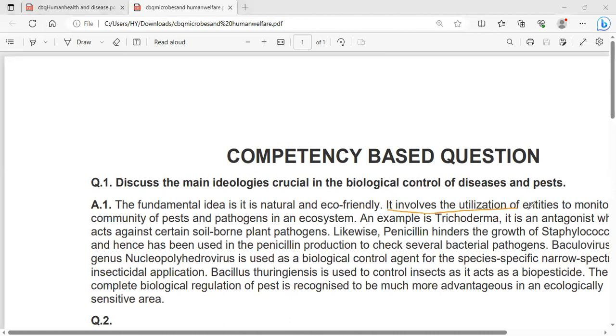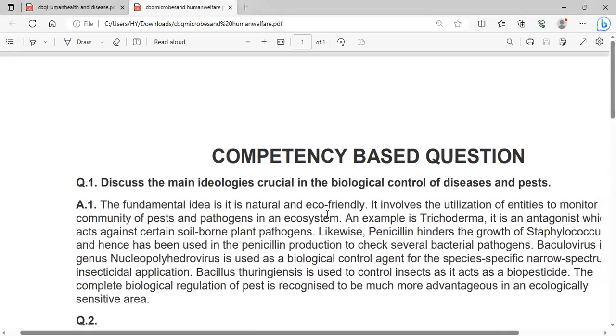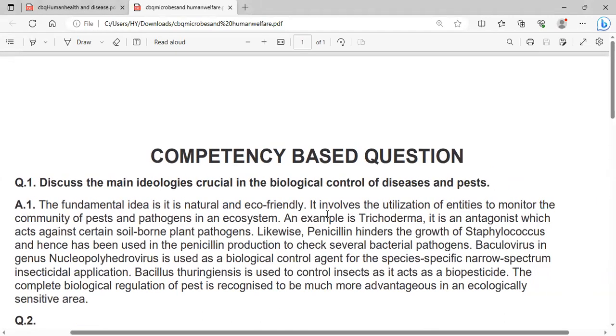It involves the utilization of entities to monitor community, pest, and pathogen in an ecosystem. So in this setup, monitoring is done of community, pest, and pathogen in any ecosystem. Example, Trichoderma is a fungus which is antagonistic against certain soil-borne pathogens. So Trichoderma is acting as a biocontrol agent in the soil, and it is antagonistic.